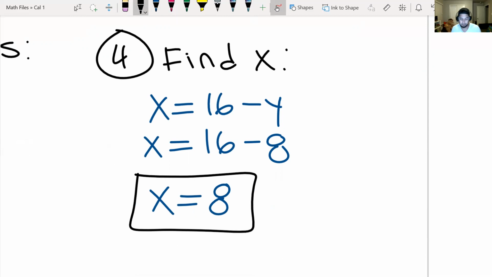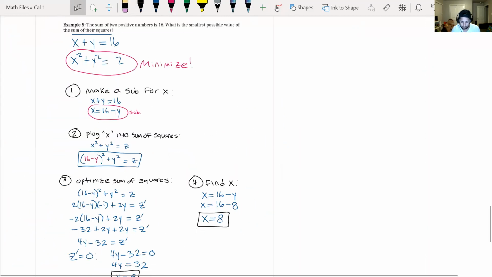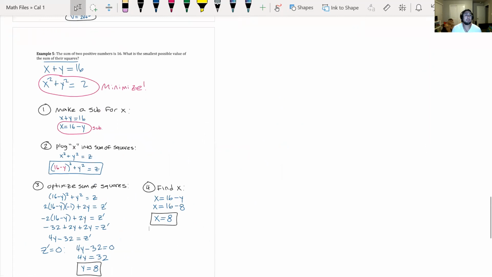Done. So the sum of two positive numbers is 16. What is the smallest possible value of the sum of their squares? Oh, so we're not done.